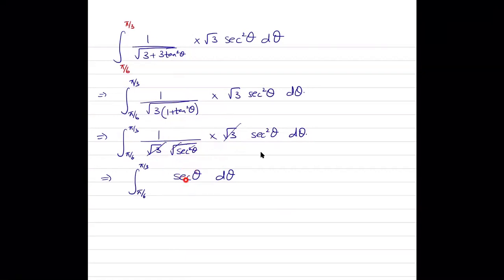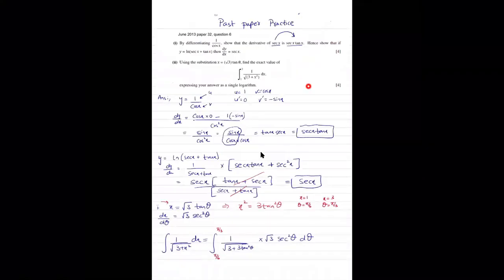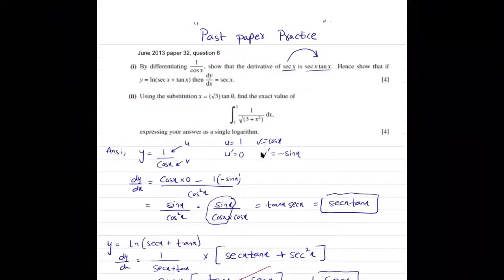Now, the question is asking for integration of secant theta. Consider the first part. See, if y was equal to ln secant x plus tan x, the derivative was secant x.